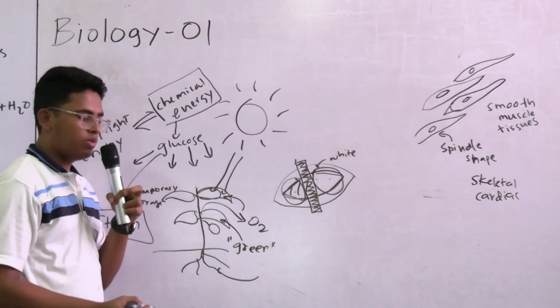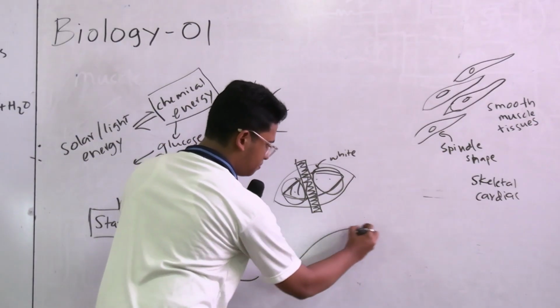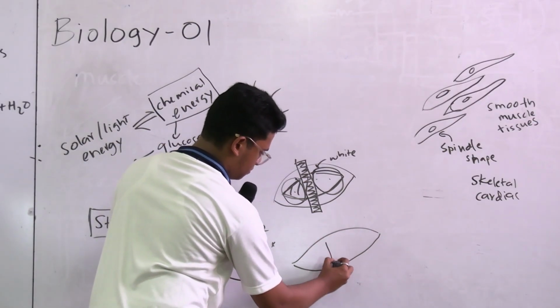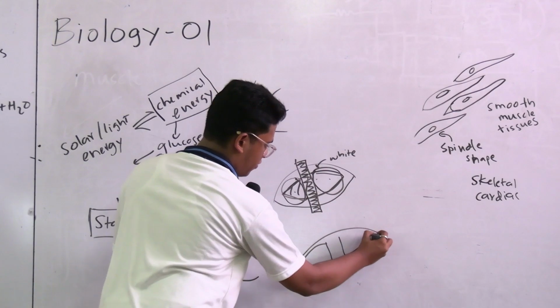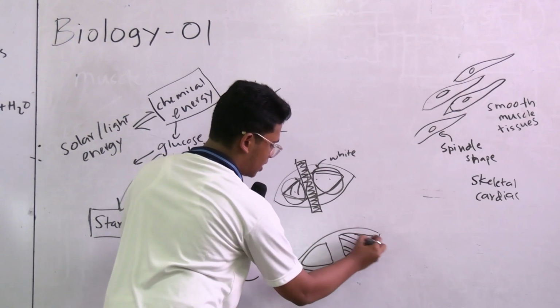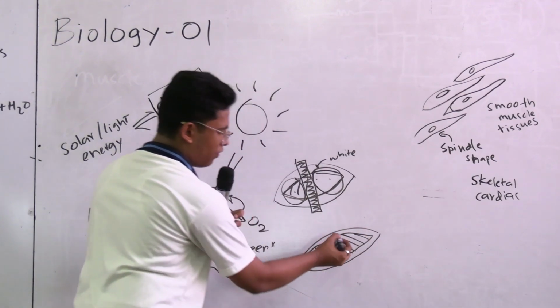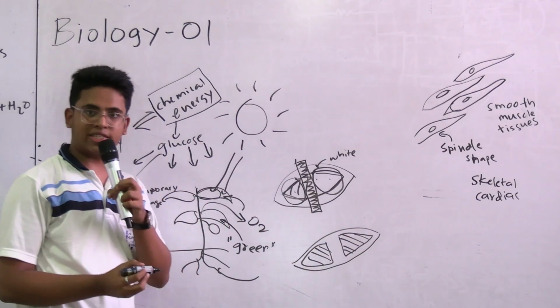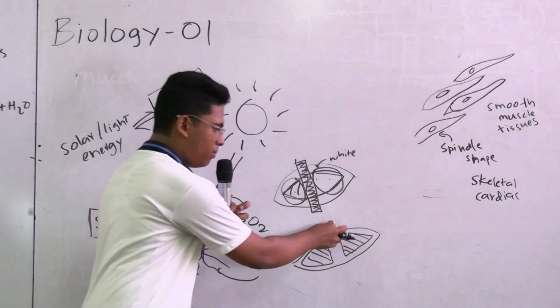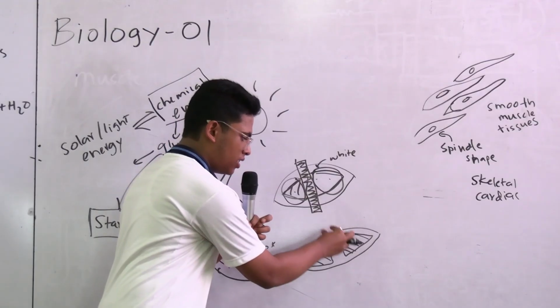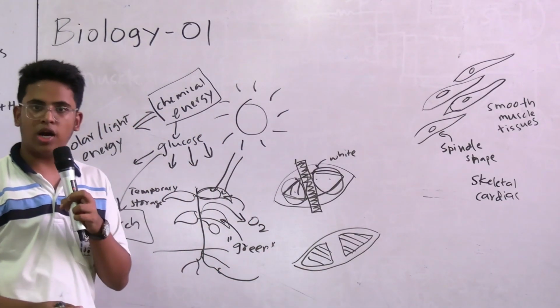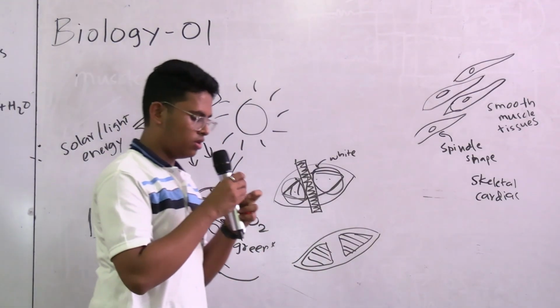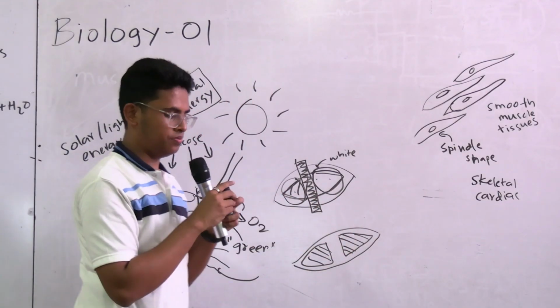So at the end of the experiment, when tested for starch, you will have a leaf like this. Why? The outside is white, so it cannot carry out photosynthesis. And in the middle, you placed the black strip, so that part also can't carry out photosynthesis. So this is your answer.